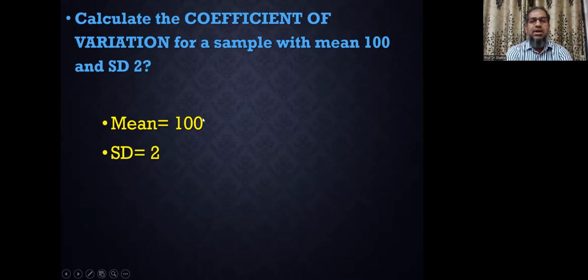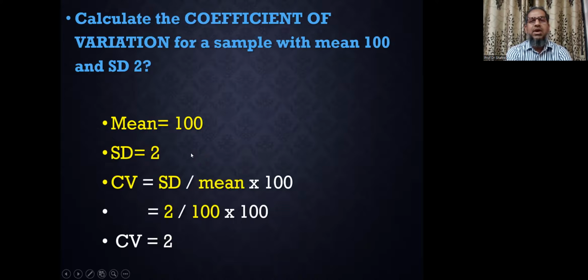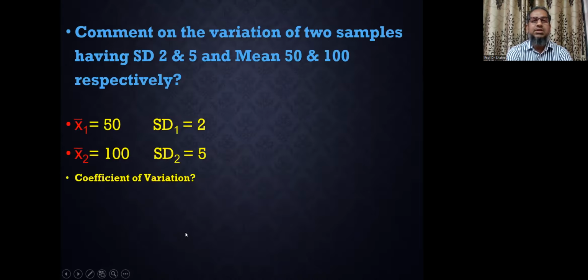So write down the given data, that is, mean is 100, standard deviation is 2, and we need to calculate the coefficient of variation. Write down the formula: standard deviation by mean into 100. So 2 by 100 into 100 is equal to 2%. We have to express this in terms of percentage. So in this example, the coefficient of variation is 2%.